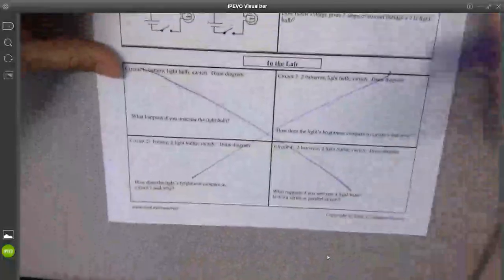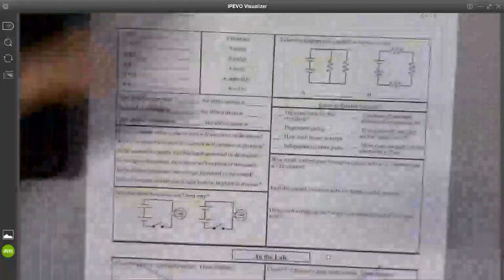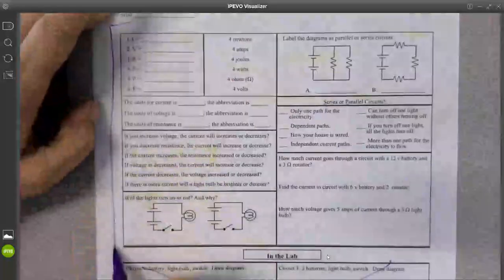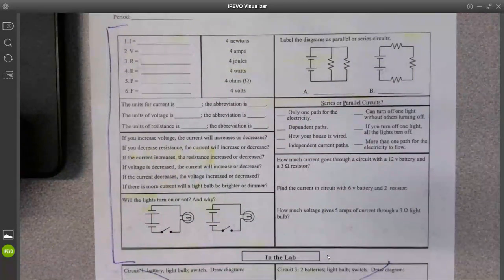Now, I'm not going to require you to do the bottom part in the lab. That can be marked off. But I am going to require you to complete this top part. And I'm going to be requiring you to complete the additional worksheet that is on this scan.